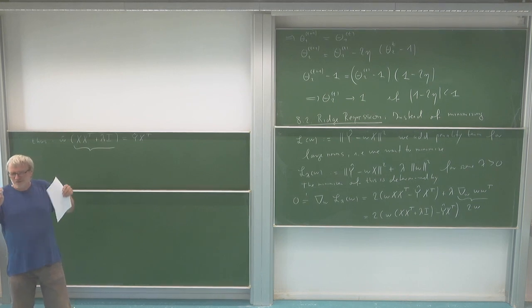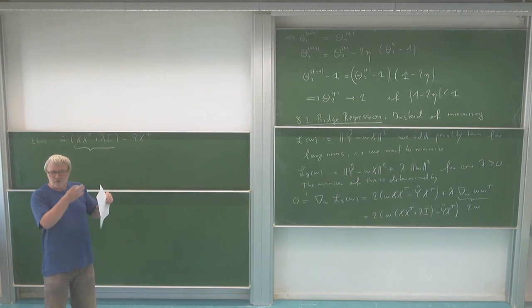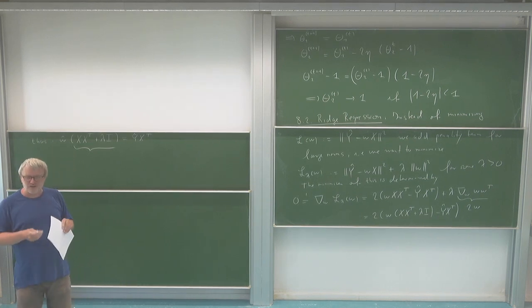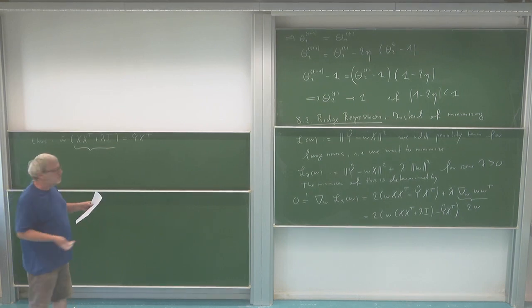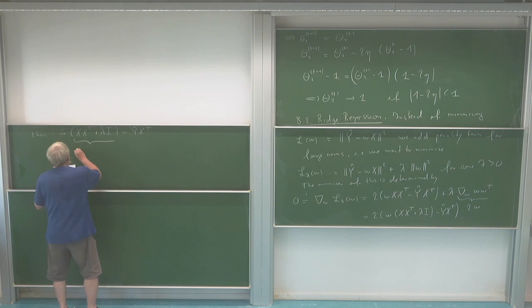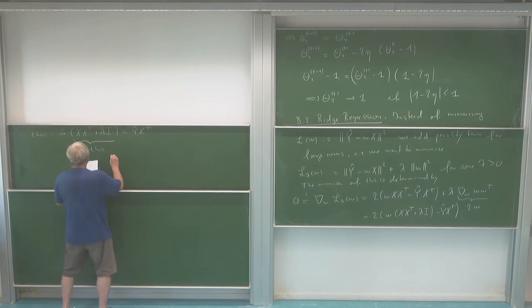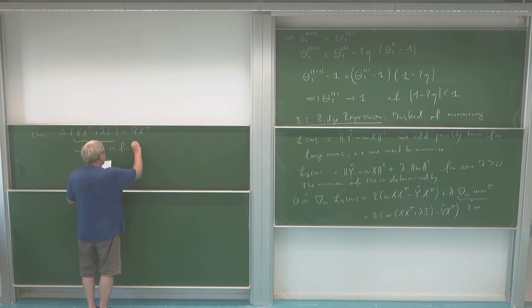And then of course, it's much better. Then of course gradient descent also, I would expect that it should converge to this one, if there's only one. If there are many solutions, then of course the problem is to which one should I go. But now I don't have this problem anymore. So note, for lambda bigger than 0, this is always invertible.